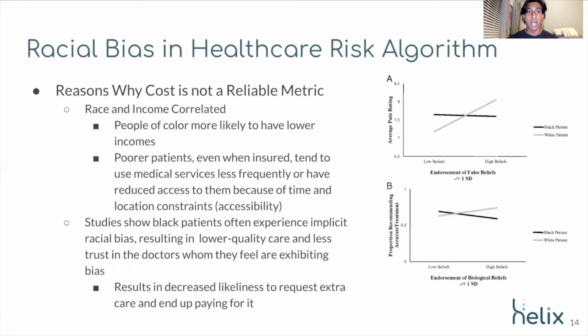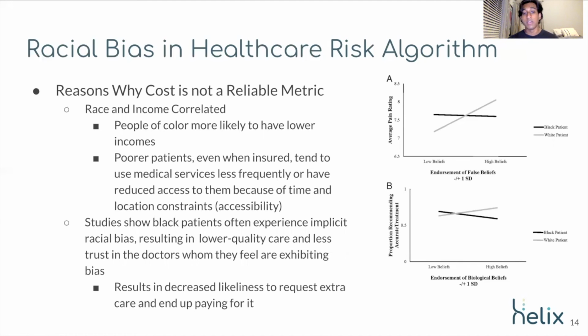Another couple of reasons why cost is not a very reliable metric in determining these algorithmic risk scores is that race and income are correlated. People of color are more likely to have lower incomes, and poorer patients, even when insured, tend to use medical services less frequently or have to reduce access to them because of time and location constraints.